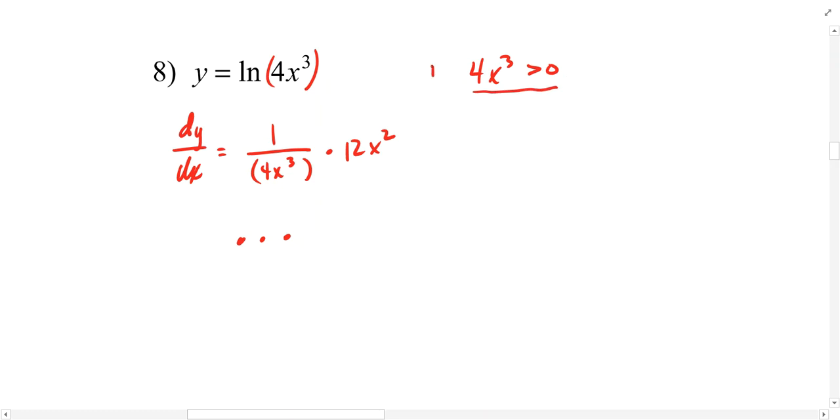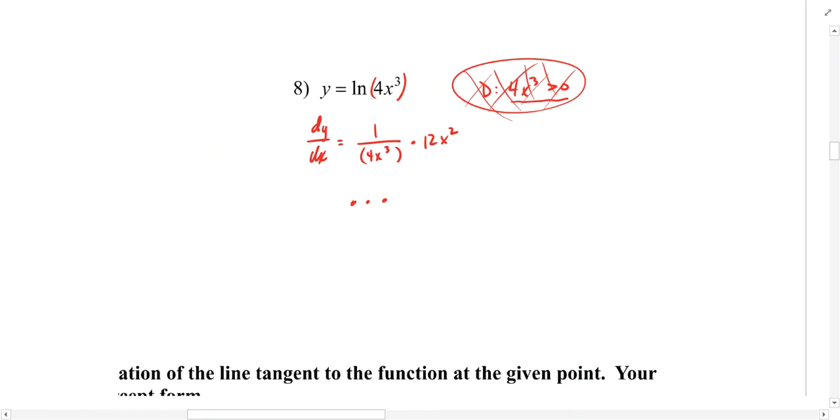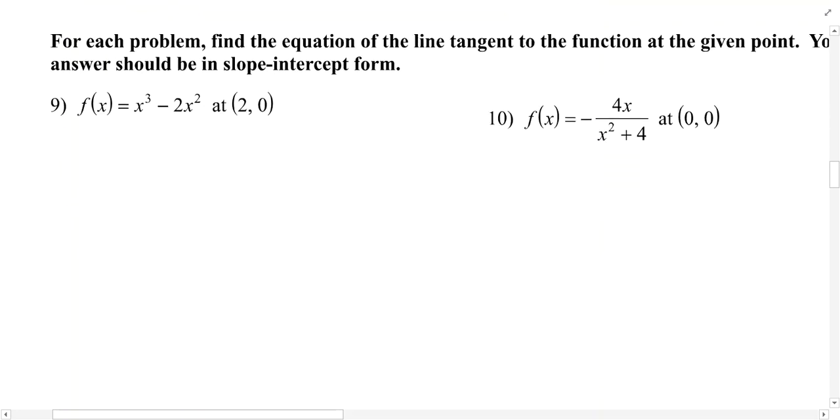If that were not true, and this is kind of a description of our domain, if 4x cubed produced a negative number, then it could not be used as an input to the natural log function. We don't really have to identify the domain in this type of problem when we're just practicing with derivative rules, but it is good to keep in the back of your mind that there are domain restrictions.